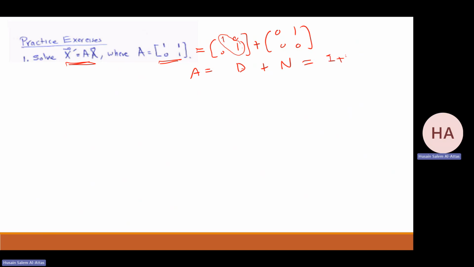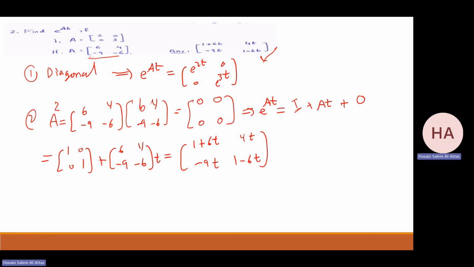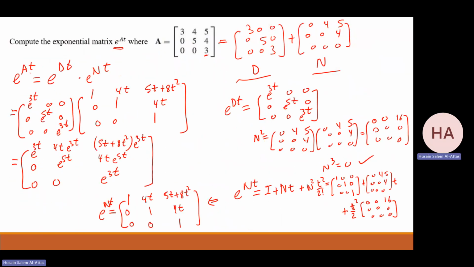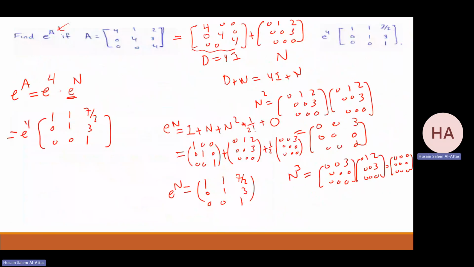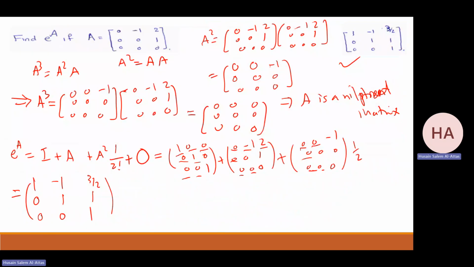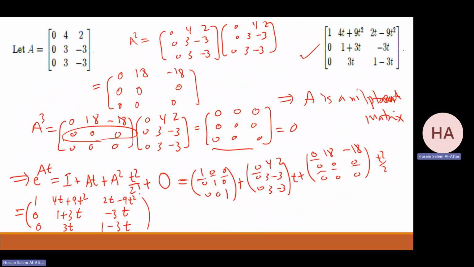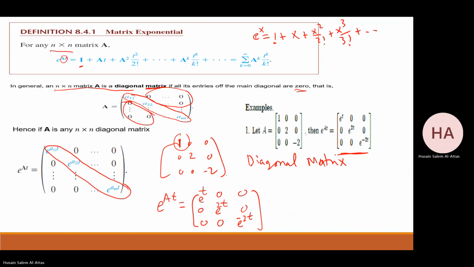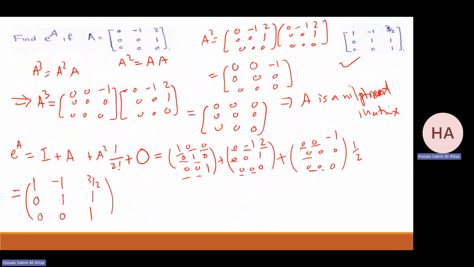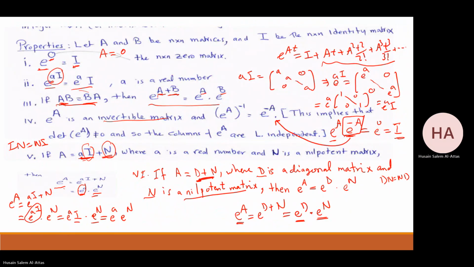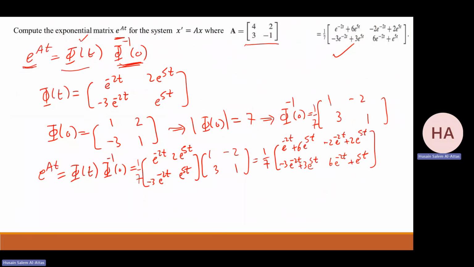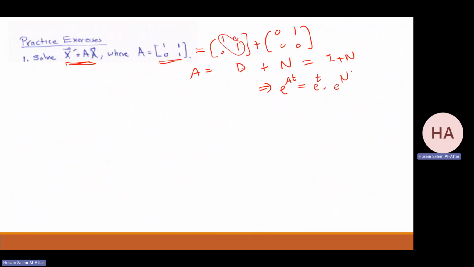So it's I plus N. Remember, we have a formula: e to the power At is e to the power at times e to the power Nt. Applying the formula, that will be e to the power t times e to the power Nt, with N a nilpotent matrix.